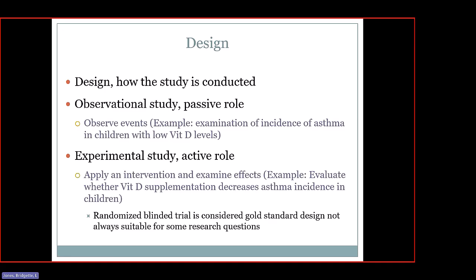The gold standard is a randomized blinded trial for interventional studies. You randomize participants to either placebo or the active agent or active drug. It's double blinded, where both the primary investigator and the participants are unaware of whether they're on the placebo or the intervention. That's the gold standard for experimental studies.